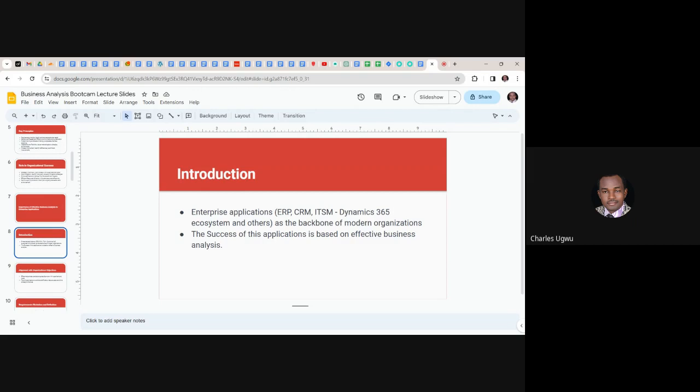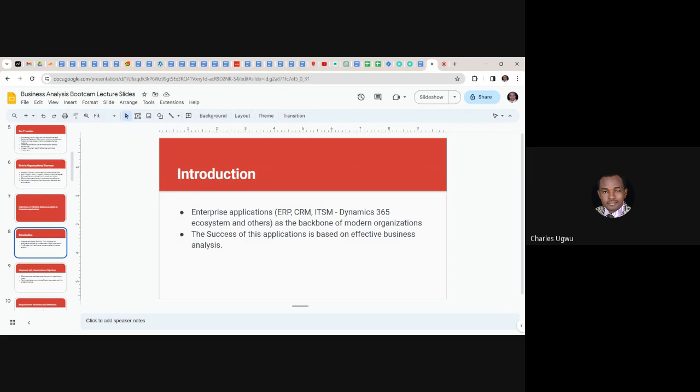These are all Dynamics 365 CRM. We have Dynamics 365 supply chain management, and so many of them. So it's a big ecosystem from only Microsoft.